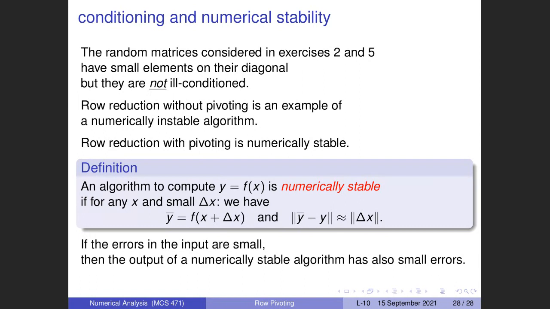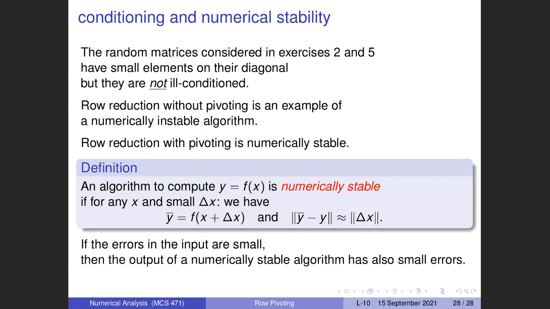Row reduction without pivoting is an example of a numerically unstable algorithm. Row reduction with pivoting, the main topic of this lecture, is numerically stable. Now we can define what we mean by a numerically stable algorithm: if we have very small error on the input, then we also have very small errors on the output.